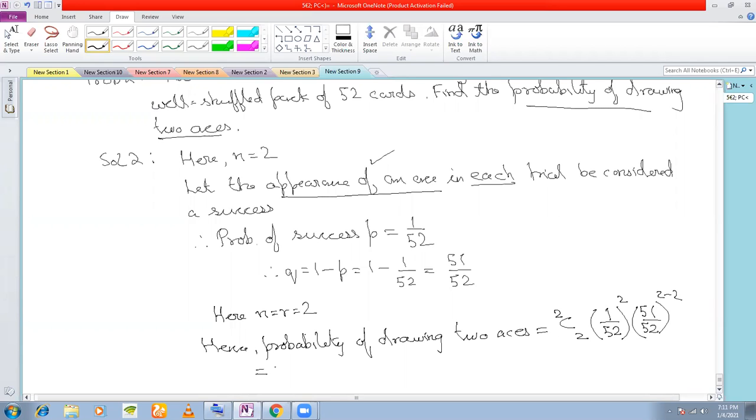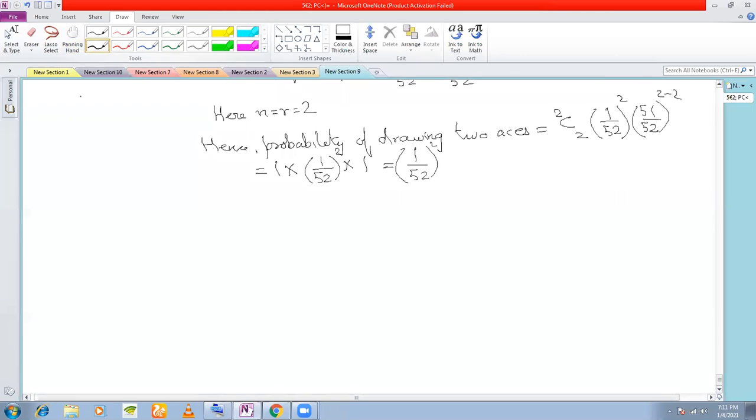That's it. 2C2 is 1. 1 by 52 squared. Let us write it as 1 by 52 squared only. And 51 by 52 to the power of 0 is also 1. So clearly your answer is 1 by 52 squared only. Now you can square 52 and find it. Clear? So that was the second miscellaneous question.